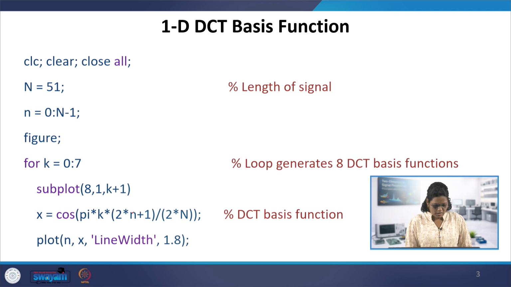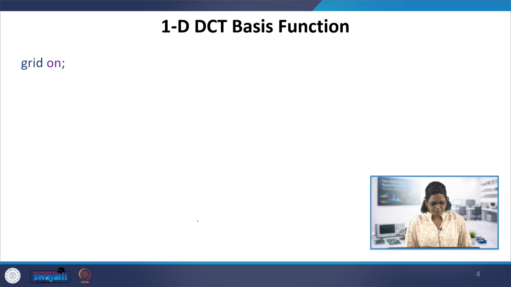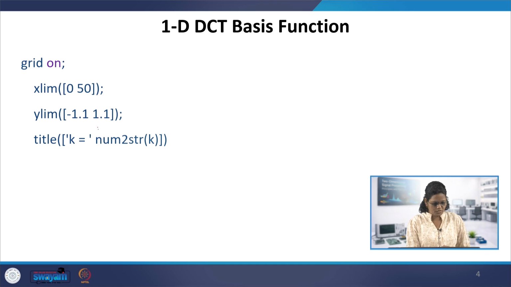First fix k equal to 0, then vary n, get the x value, and plot x with respect to n. These are the properties of the plot, where we can fix the limits of the x and y axes, and this is just giving the title.